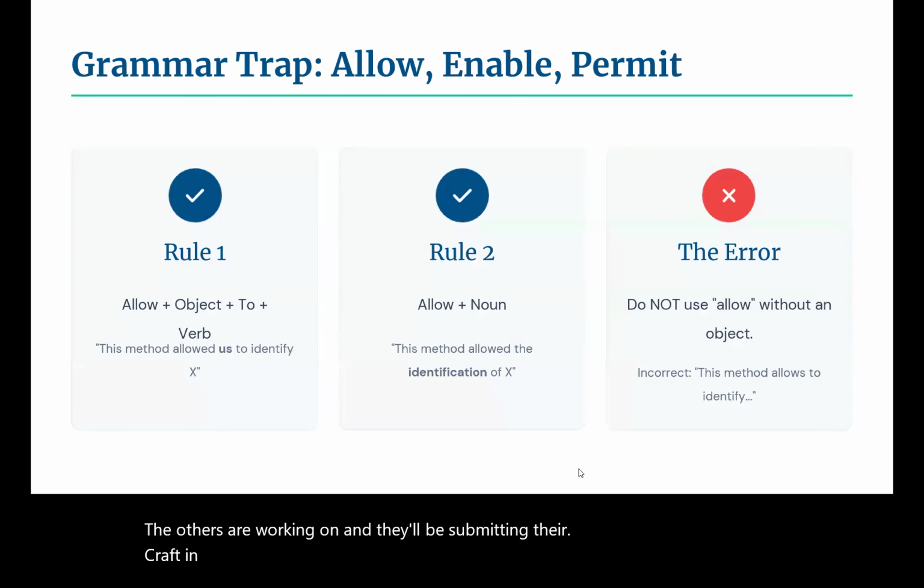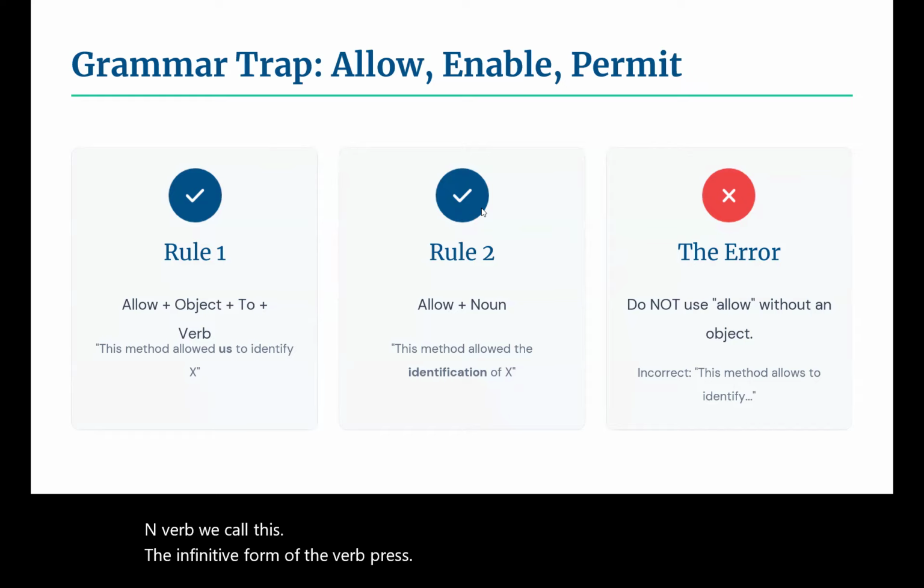Here we go. Now there is a grammar trap. What is this trap? Look at: allow, then object, then to, and verb. We call this the infinitive form of the verb phrase. Look at the example.